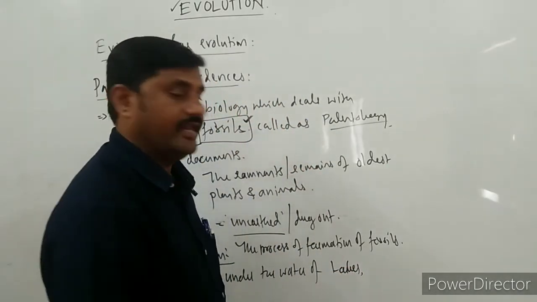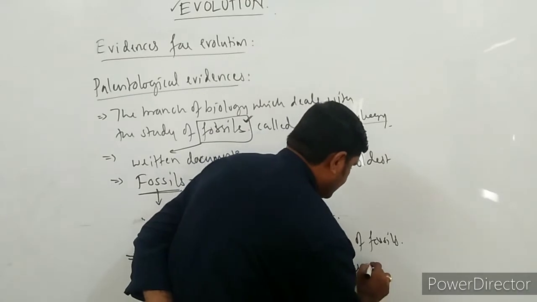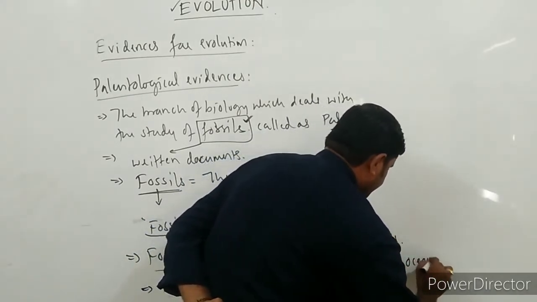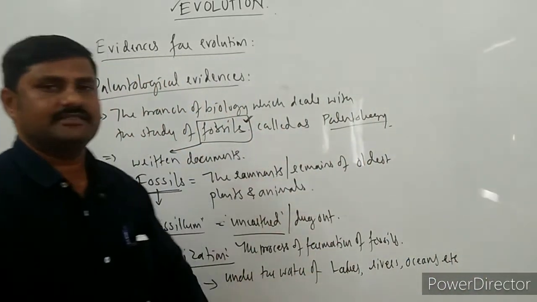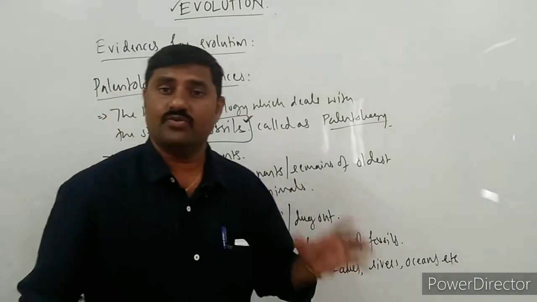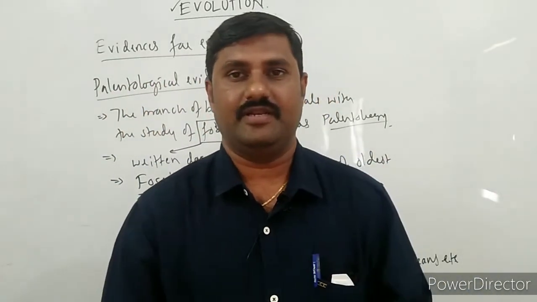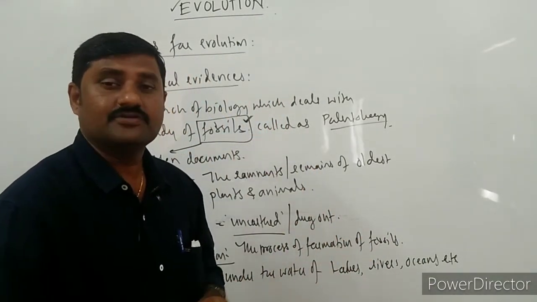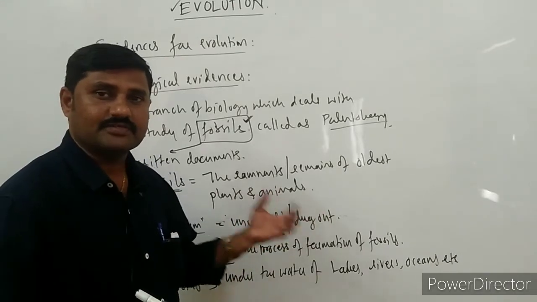They may be lakes, rivers, oceans, etc. Under these oceans, rivers and lakes, the fossils are available. Why are they available here only? Right? Is there any other source where these fossils are made?